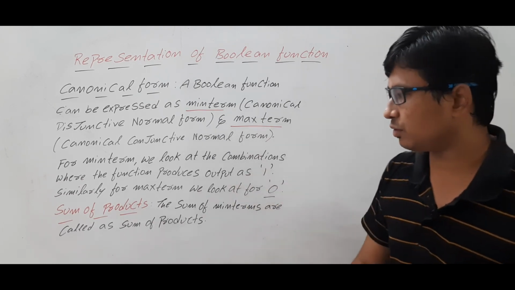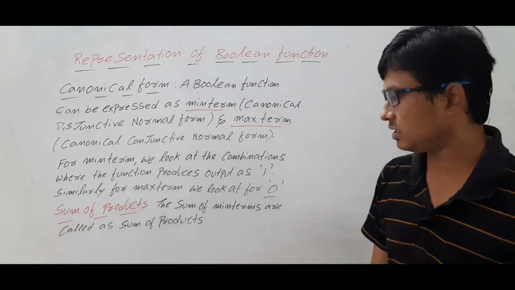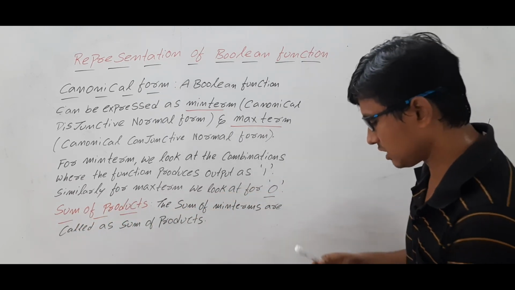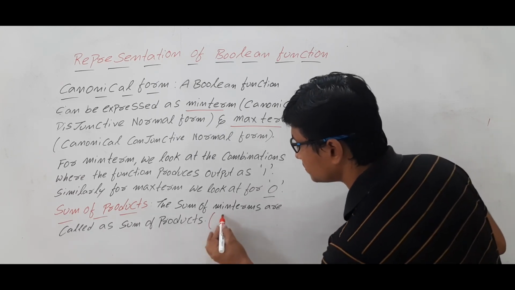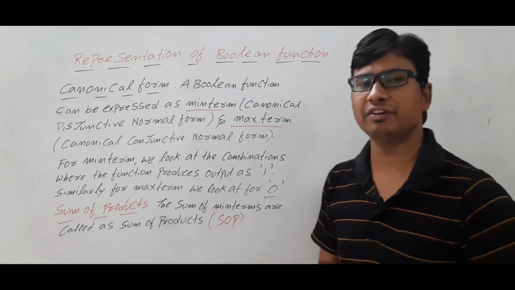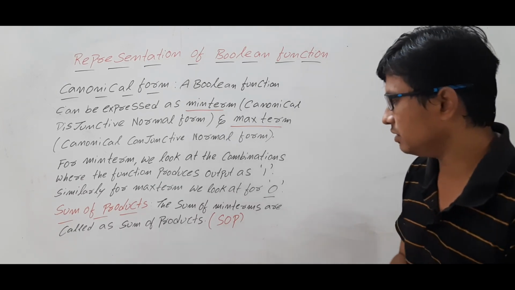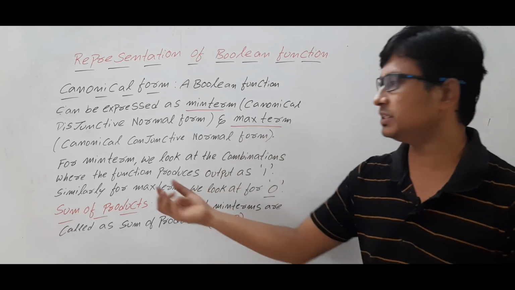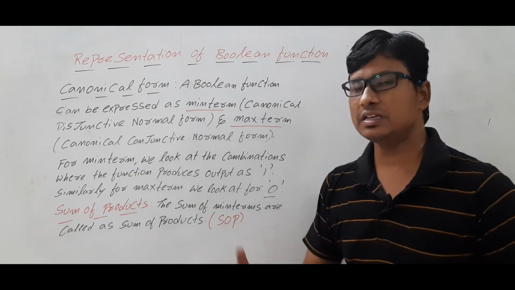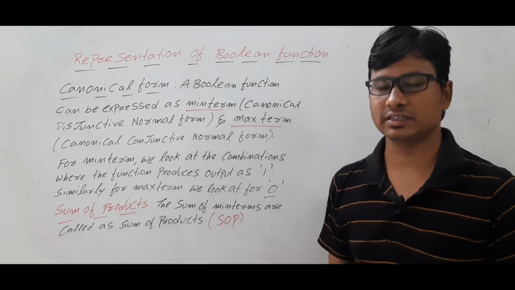Now we will define one important terminology called sum of products, which some people call SOP for short. We can also define product of sums, which I will discuss in the next video. The sum of min terms is called sum of products.